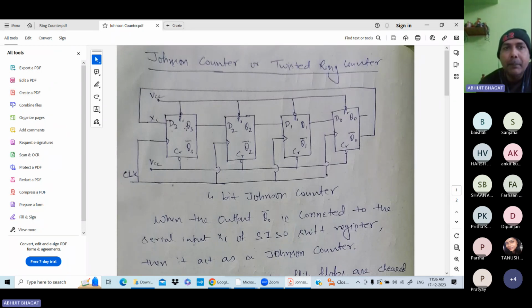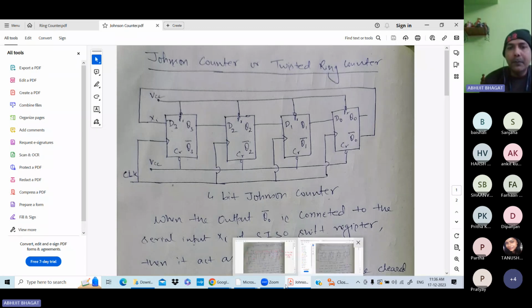Previously Q0 is connected here, now Q0 bar is connected. Okay, in case of ring counter, what was the maximum count value?